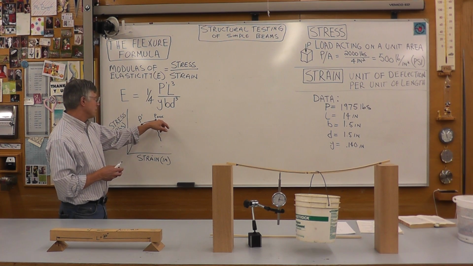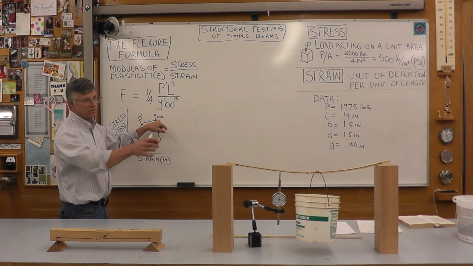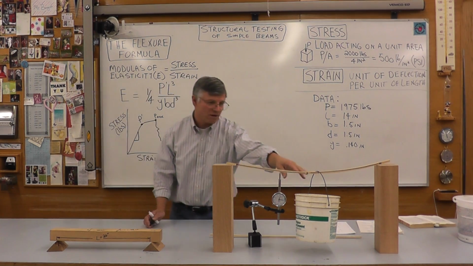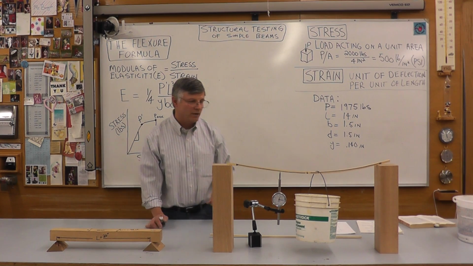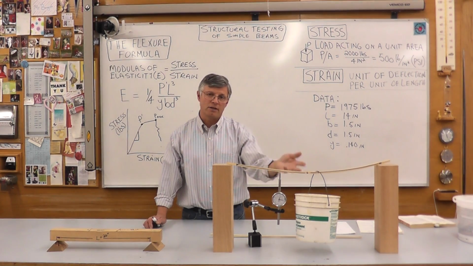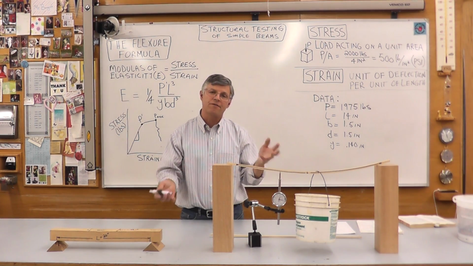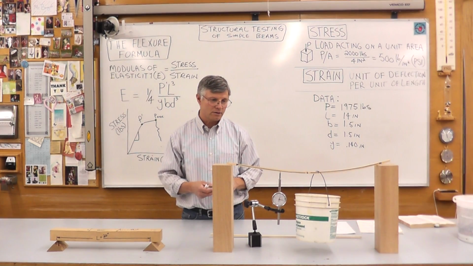P max is the maximum load sustained at failure. This beam is still not quite failed. I was giving it a second. You'll continue loading it until the beam fails, and then get your load data. This will be rough data doing it this way, but you should still be able to verify the modulus of elasticity of this material.